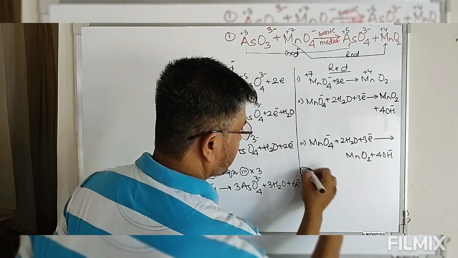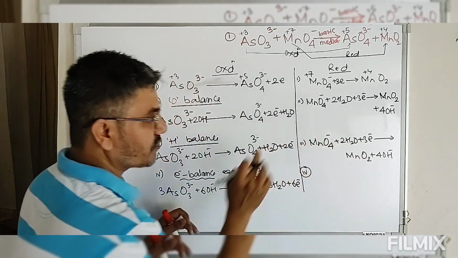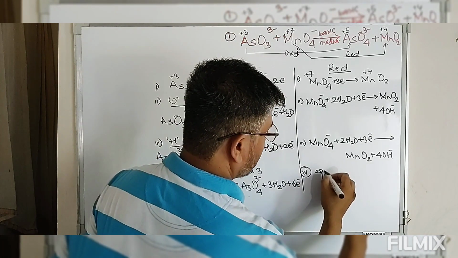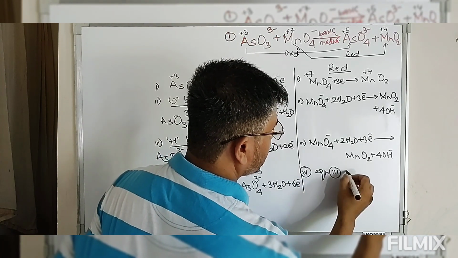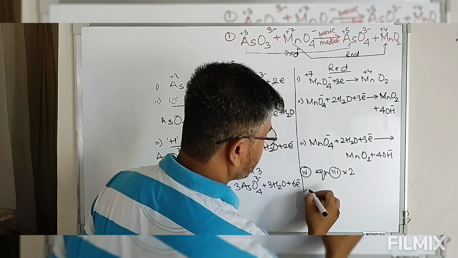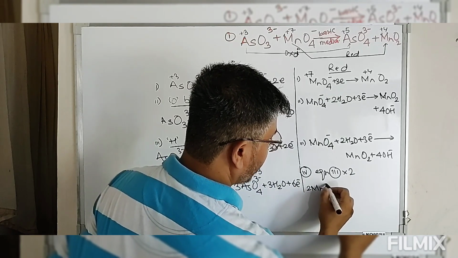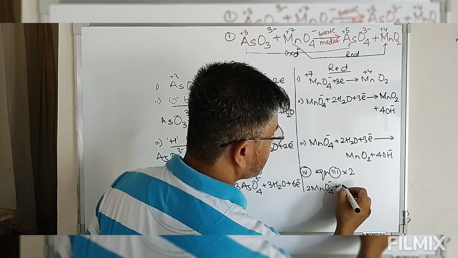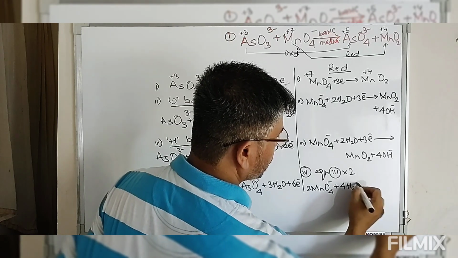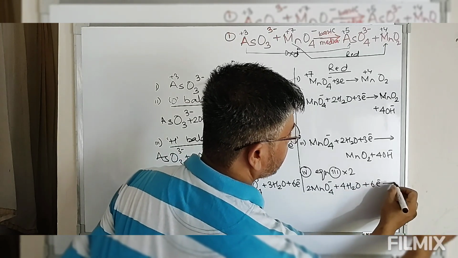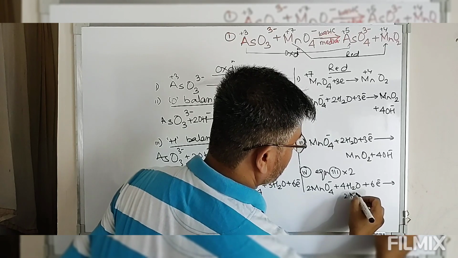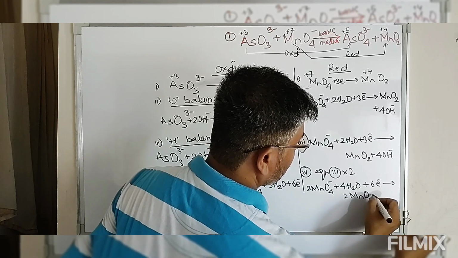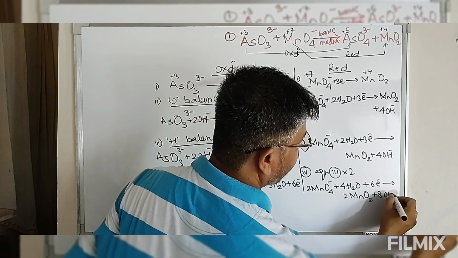Then we can multiply this equation 3 by 2. Equation 3 multiplied by 2, so we get 2 MnO4 minus plus 4 H2O plus 6 electron gives you 2 MnO2 plus 8 OH minus.